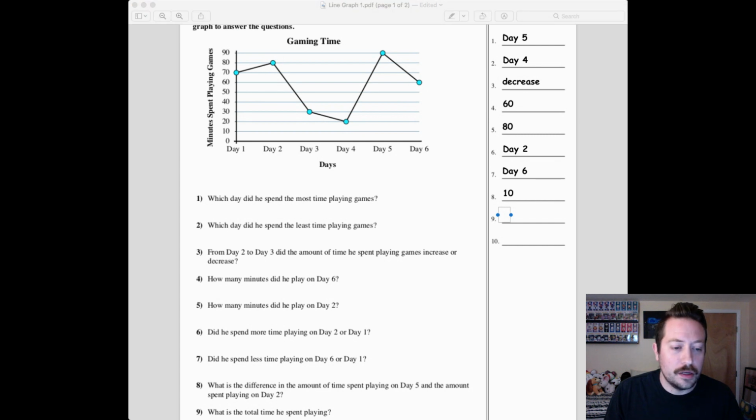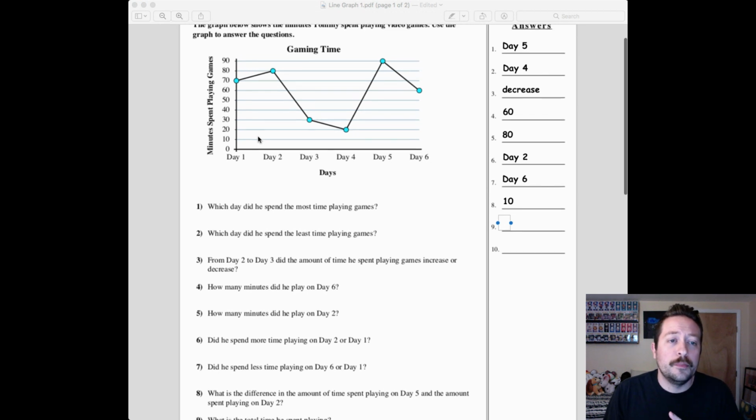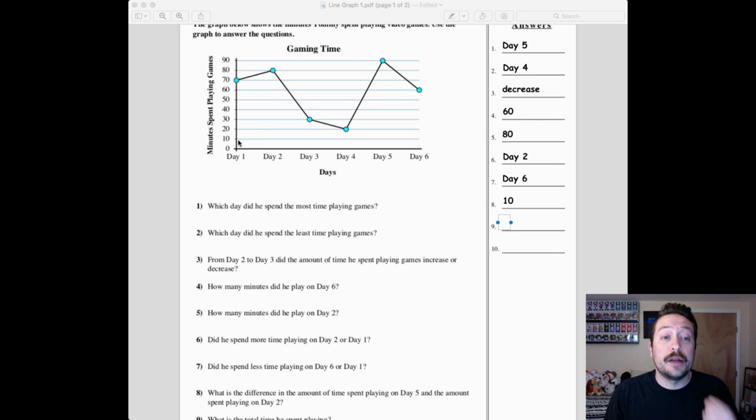Okay, so I'm not sure if you're able to see my calculator, but I am just putting in each number and adding it, okay? So I'm going to start with 70, and then I add, because that was day 1, day 2 was 80, okay?